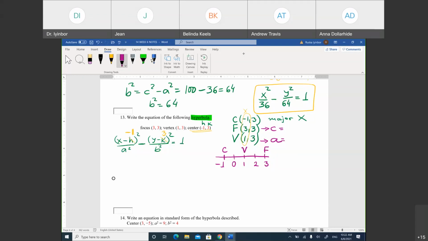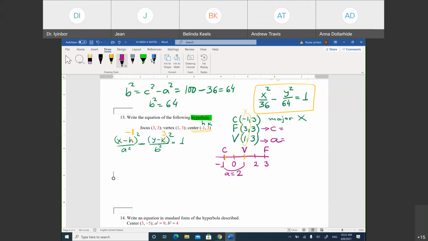Now we're going to count. Center to vertex is A. So what is A? How many steps do you go from -1 to 1? The distance is 2 steps. So A is going to be 2.